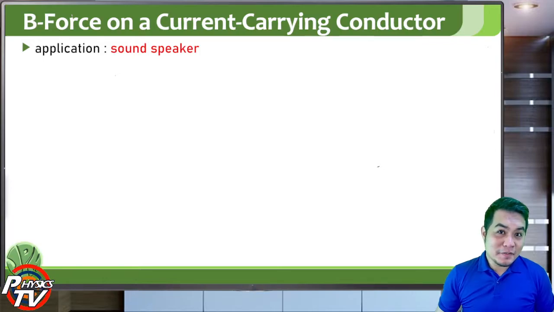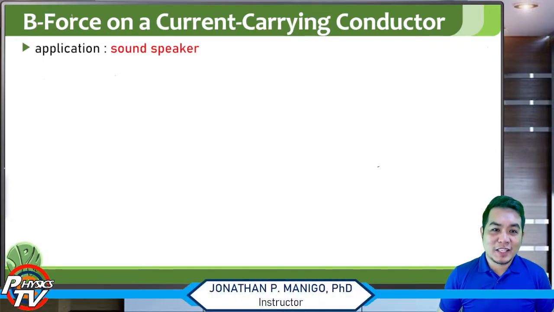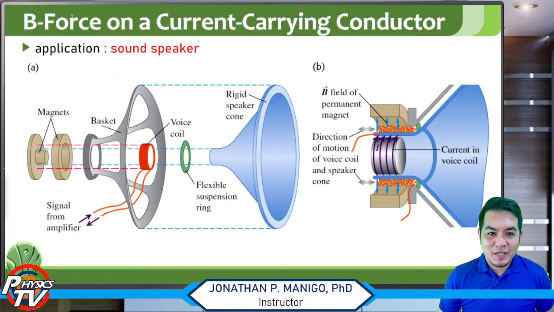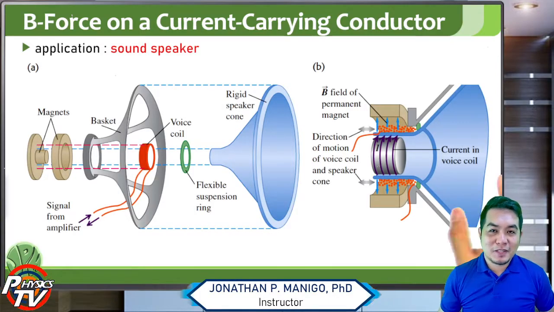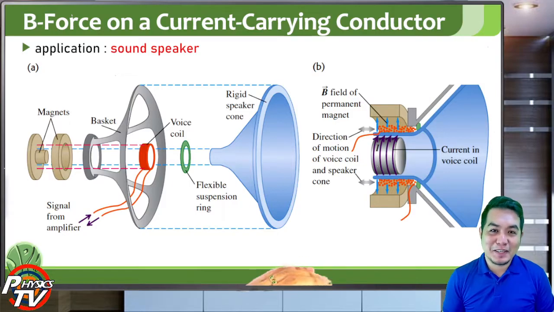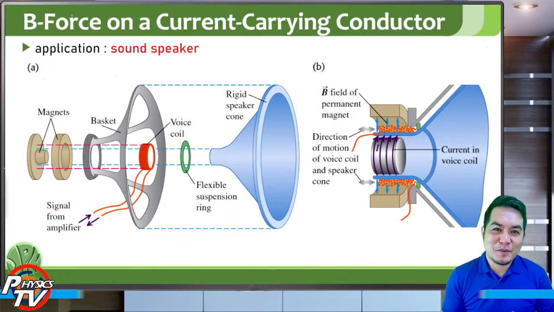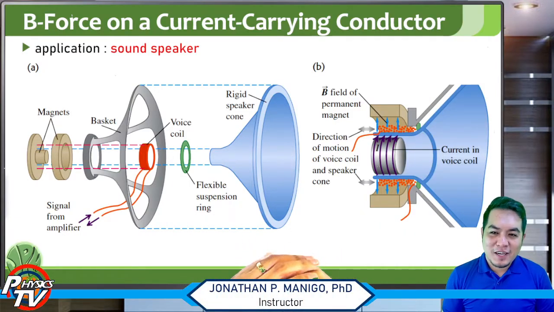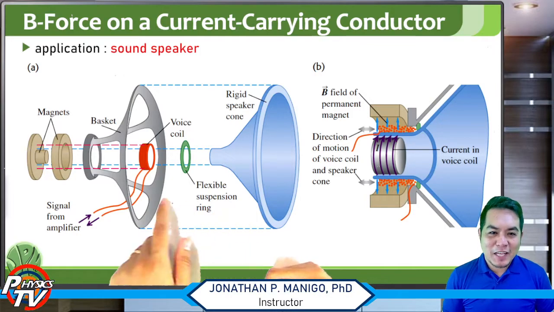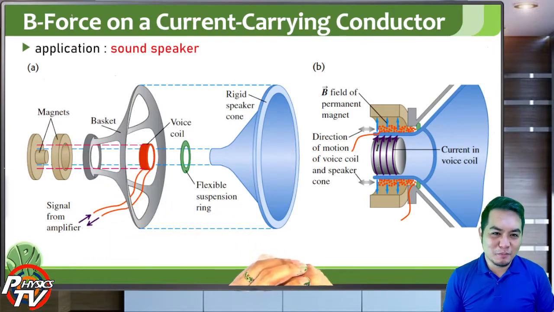A real life application of force on current carrying conductors is the speaker. If you try to dismantle a speaker, I'm not recommending that you do, but if you dismantle it, you will actually see a current coil or a current loop and circular magnets.